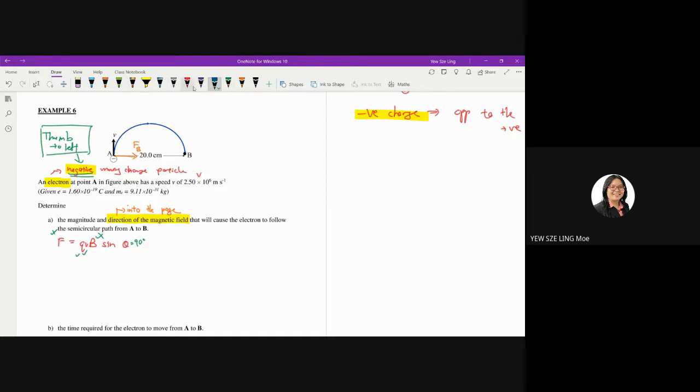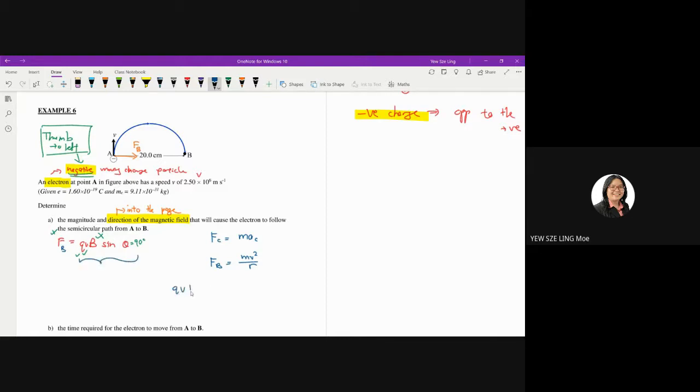So let us recall. Now my object is moving in a circular path. Aha, circular path. I think I can do something with it. So let's say now I have FC equals to ma c, and the force that causes my object to move in the circular motion is FB. So FB equals mv squared over r. At the same time I have FB equals QVB sine theta.